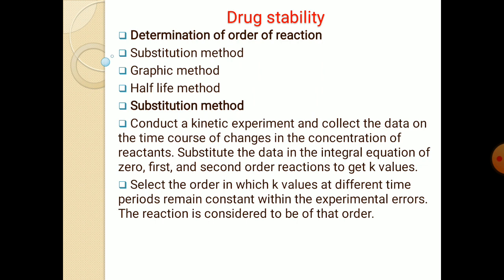So simply conduct the experiment, collect the data, that is the time course of changes, meaning how the concentration changes with respect to time. Calculate the k value for different time intervals by using the integrated form of the equation and find out in which case the k value remains constant, in zero, first or second order. That gives the order of reaction.